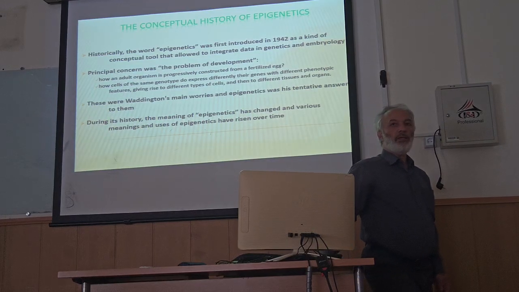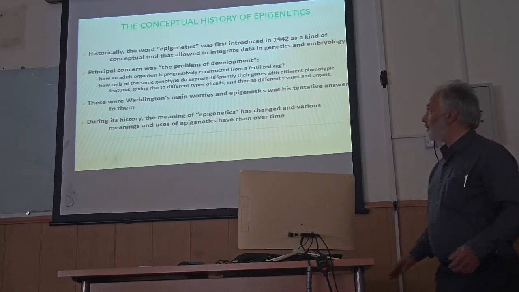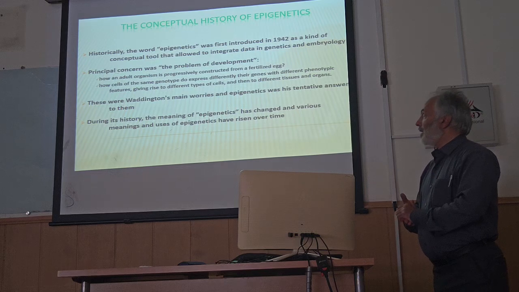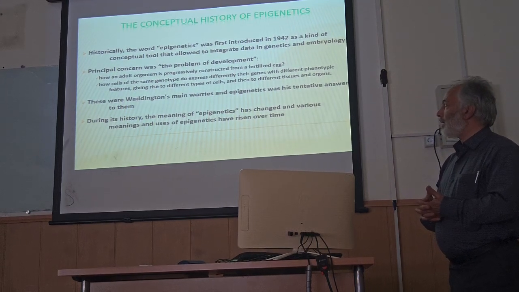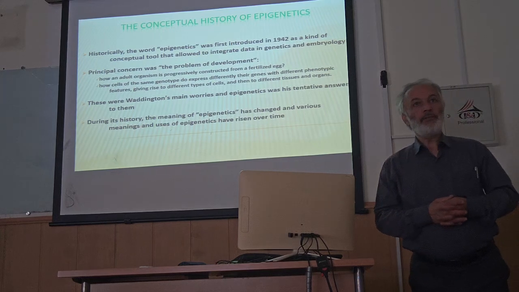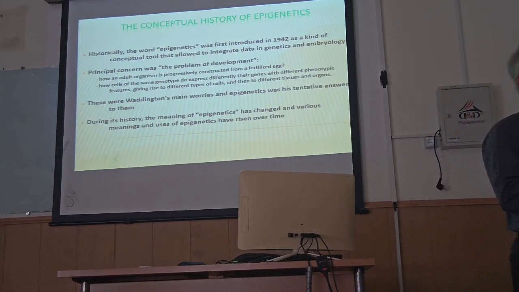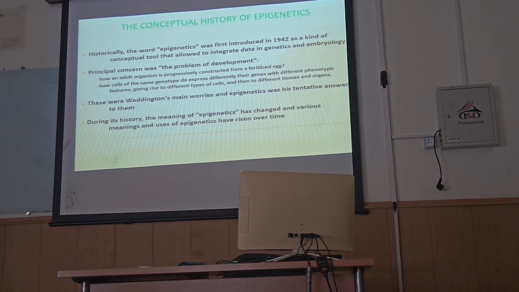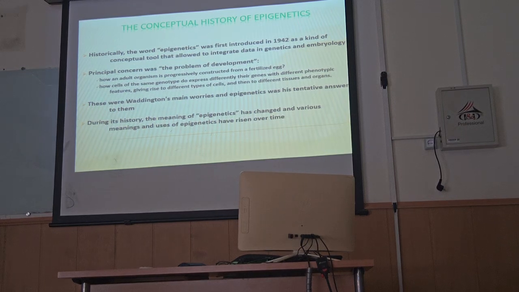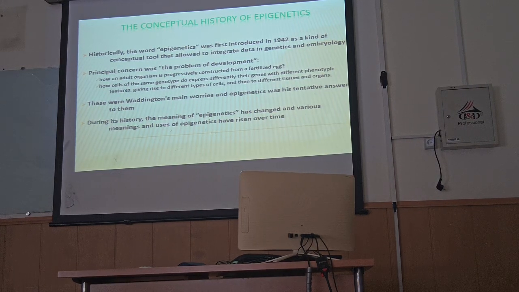Problems for embryologists and geneticists: they had some question about human development. We have more than 10 to the power of 12 cells in our body. Each cell has a specific appearance, a specific function.